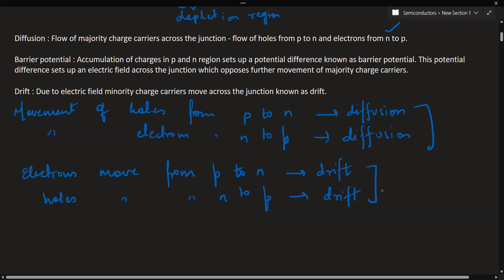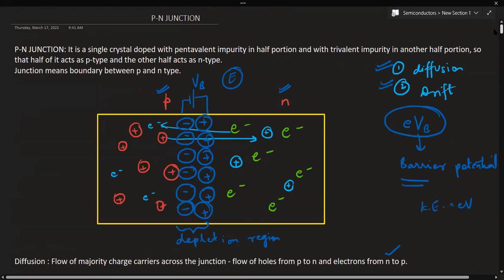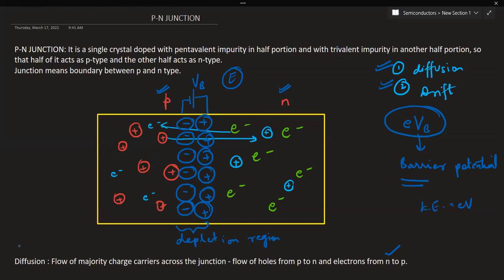So these two processes are occurring because of drift, and the earlier process is occurring because of diffusion. So diffusion and drift, are these two concepts clear? And the formation of the PN junction. Yes, just note it down, this part.